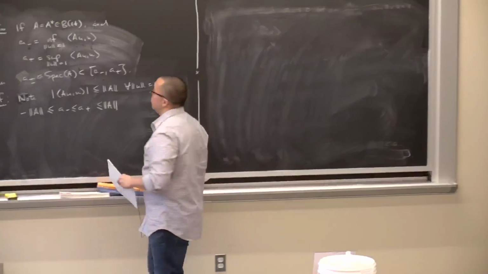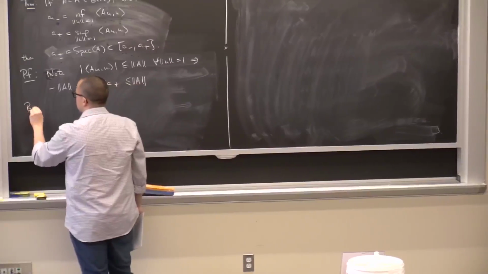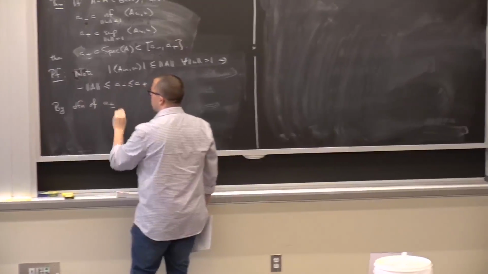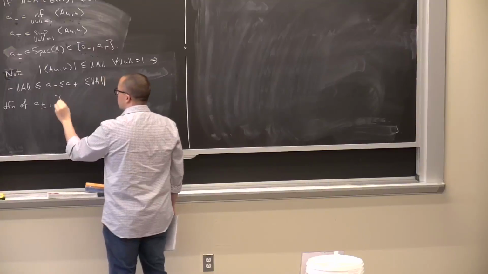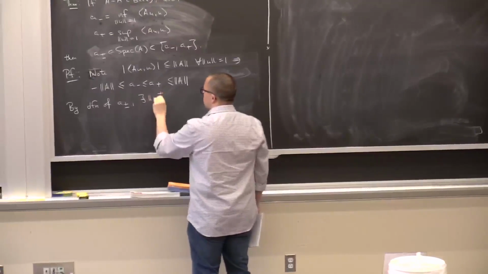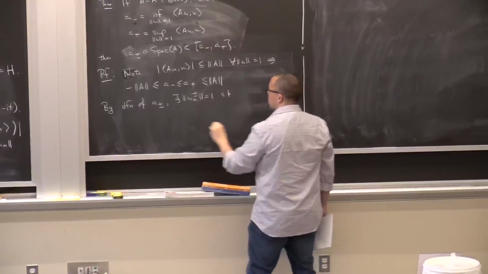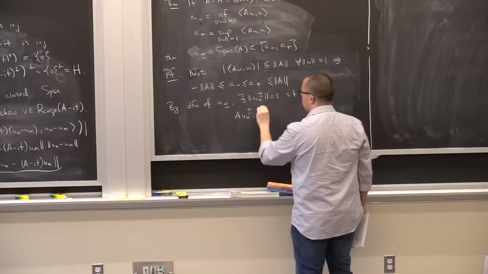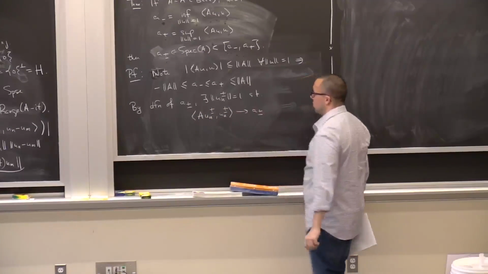Okay. Now, by the definition of A plus or minus, there exist sequences of unit vectors u_n plus or minus such that ⟨A u_n, u_n⟩ converges to A plus or minus.